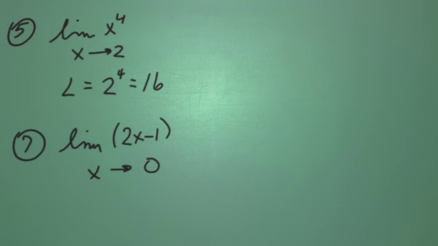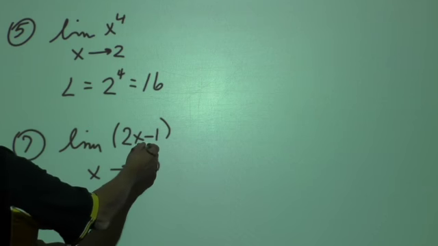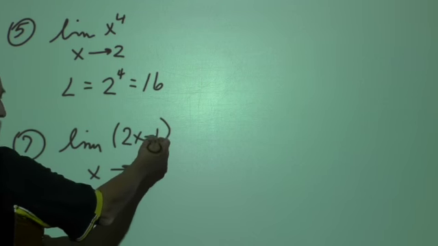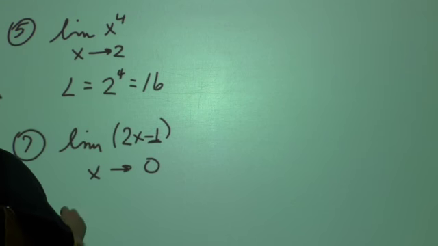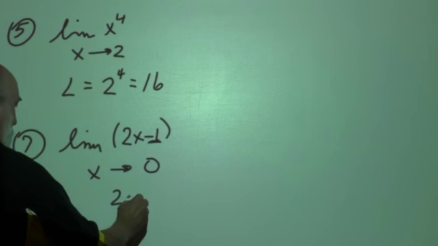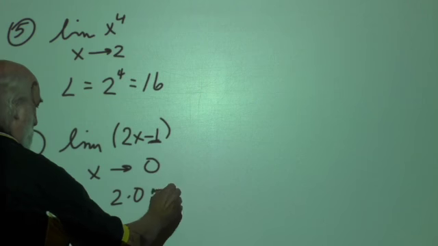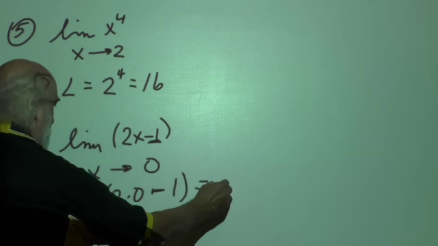Again, this is just a plug and play problem like before. Even though x is approaching 0, when you have no variable here, it's going to be the same value as this right here. So this is going to be 2 times 0 minus 1, and that's going to give you negative 1.